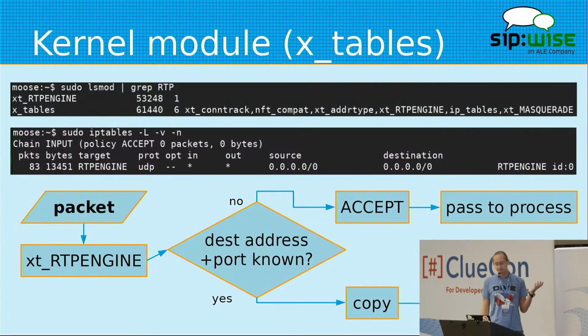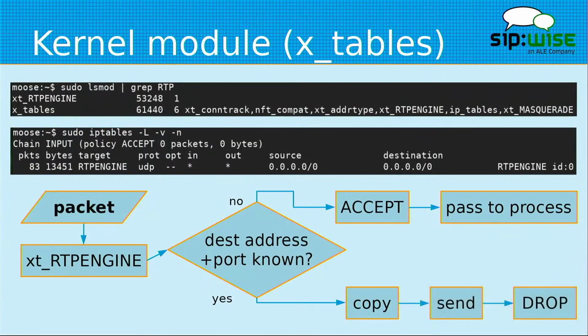This is what it looks like. It's implemented as an iptables module. If you're familiar with the iptables syntax, it basically sits in the firewall chain, like ipchains, iptables, or xtables, as it's called now. The way it works, a packet comes in, it's handed to the kernel module.